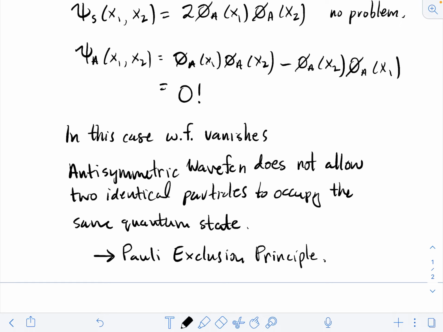In fermions, however, if you're at low temperatures, all you can do is put a single particle in the lowest state, and then no other particles can occupy that same quantum state. So the next particle is going to go into the next lowest state, and they start occupying higher and higher energy level states.